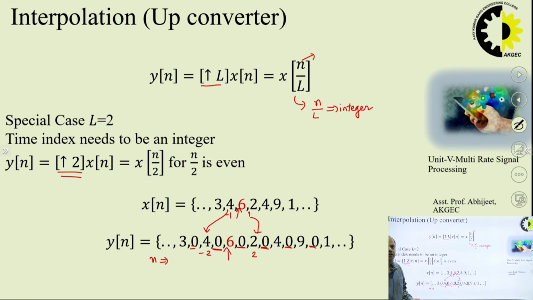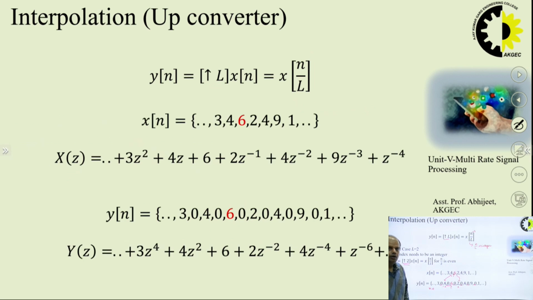So in this case it is for L equal to 2. Very easily, the Z transform, as we have seen from the decimation perspective also, is 3z squared plus 4z, because the power of z will be positive, then 6 z to the 0, 2z inverse, 4z minus 2, 9z minus 3, and in this manner we will go. So y of n is basically with zeros in between. What happens?